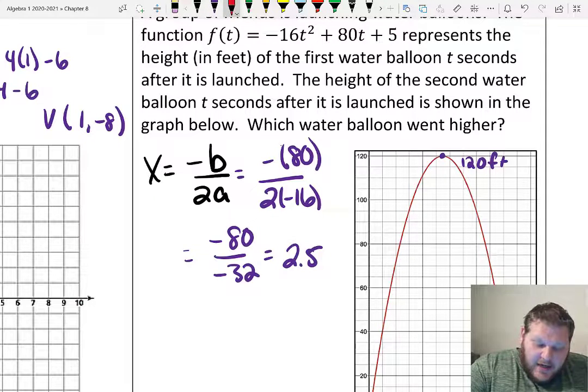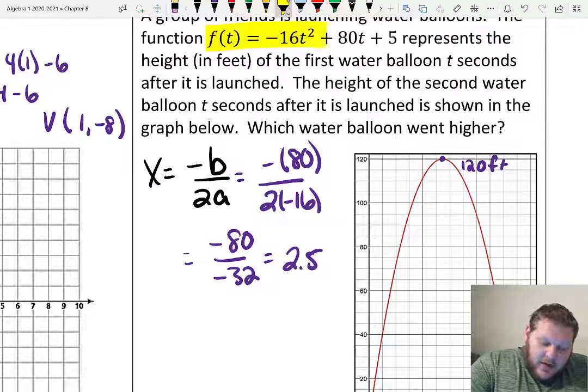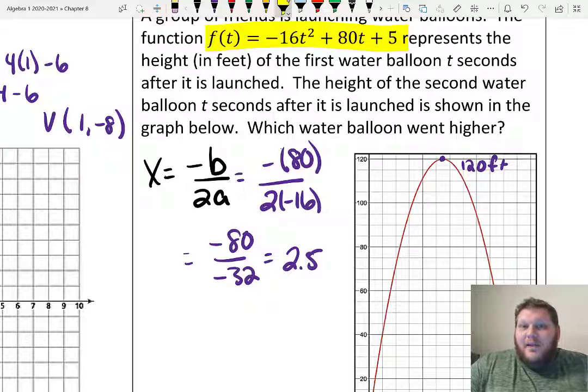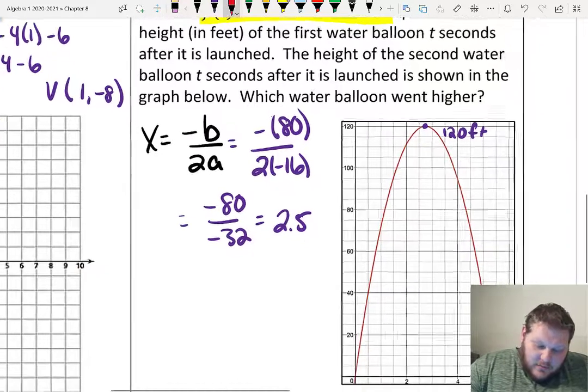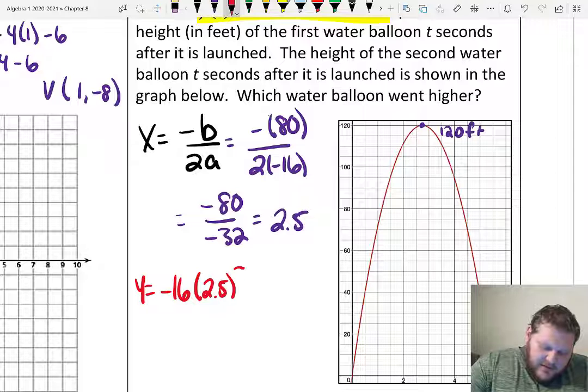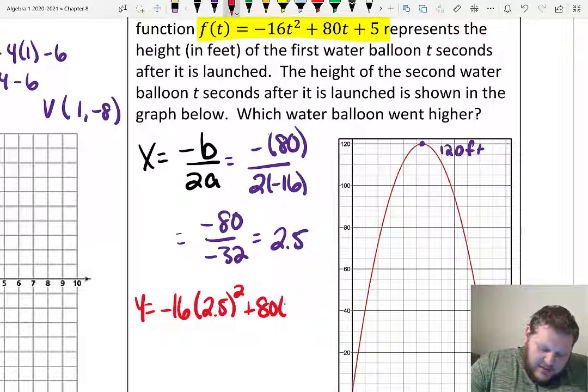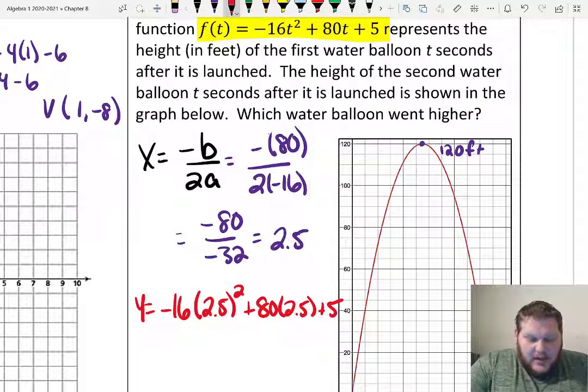So what I need to do now, I'm going to shift to red for this next part. I'm going to plug that into my original equation to figure out what the height is at 2.5 seconds. So we've got y equals negative 16 times 2.5 squared plus 80 times 2.5 plus 5. Definitely have to use a calculator for this next part. 2.5 squared is 6.25.